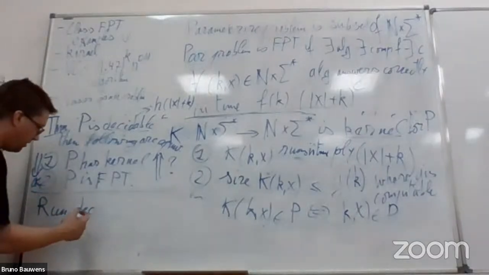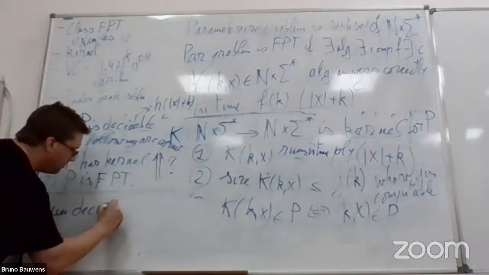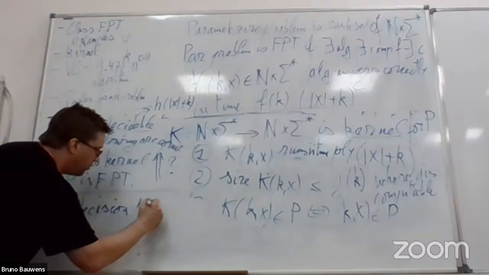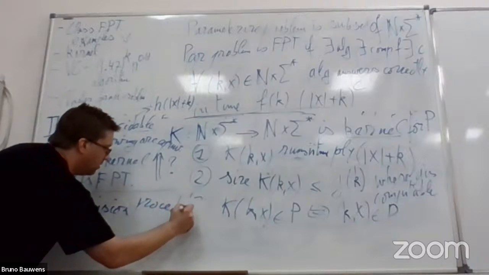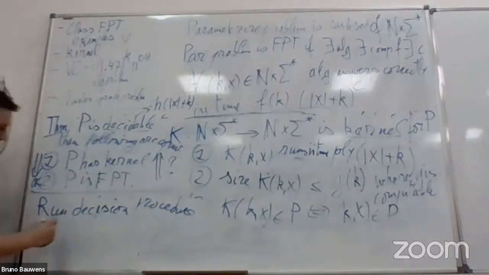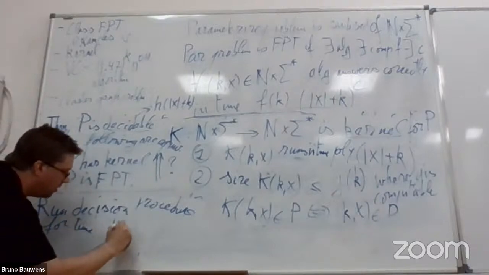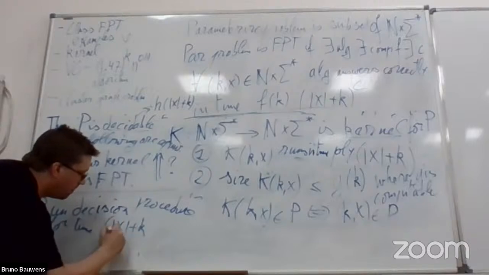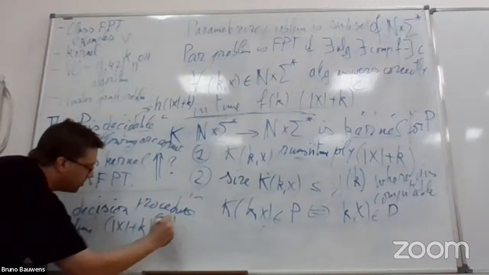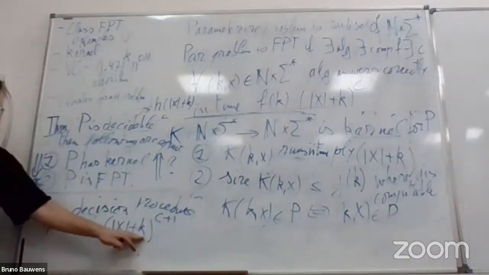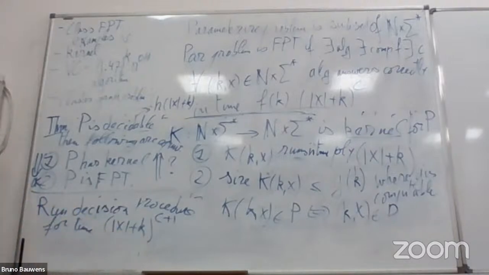Okay, so let me write it. Run the decision procedure for time (length of x plus k) to the power c plus 1. Here I use the parameter as part of the input so that I know it. Then two cases.